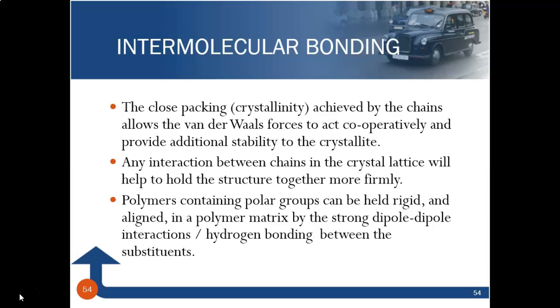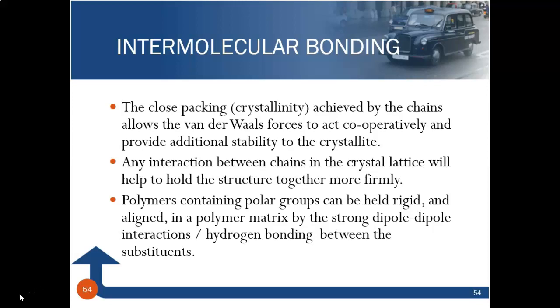For secondary forces, which are intermolecular forces, we have van der Waals, hydrogen bond, and also dipole forces. The secondary forces have an effect on many of the physical properties of polymer, like crystallinity, thermal transition, and also melt viscosity.